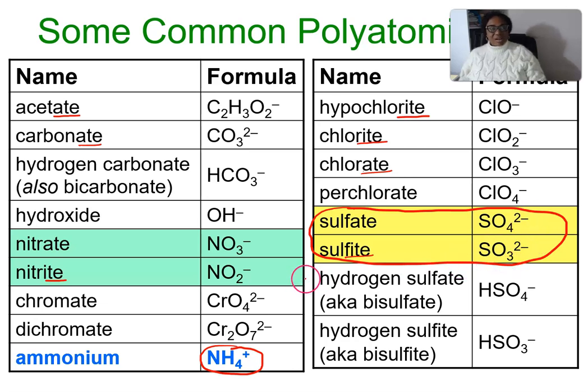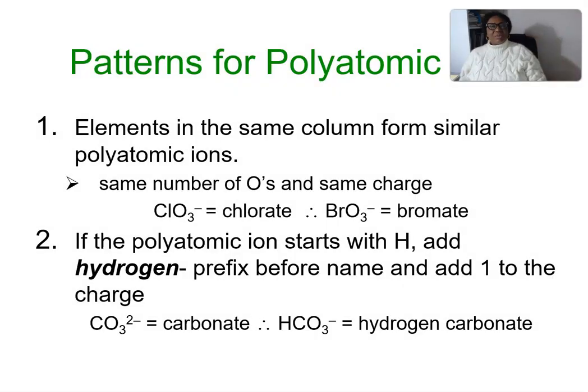The type of atoms and elements are all the same. So patterns of polyatomic ions. Elements in the same column form similar polyatomic ions, same number of oxygen and same charge. So for example, this is chlorate and this is bromate. So you have to take note of that.